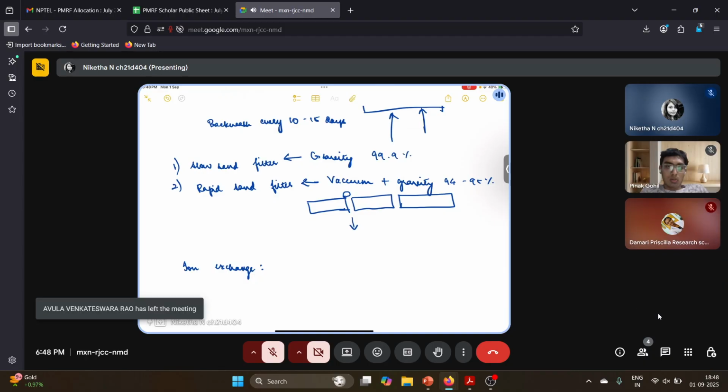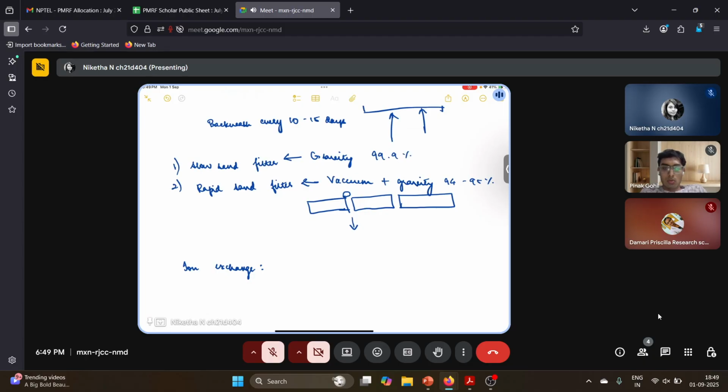For a slow sand filter, the disadvantage is that it requires a large area, because you cannot treat large volumes of water in a given time. Because the flow through the sand filter is very slow, you need to provide a larger area to compensate for the loss in speed.